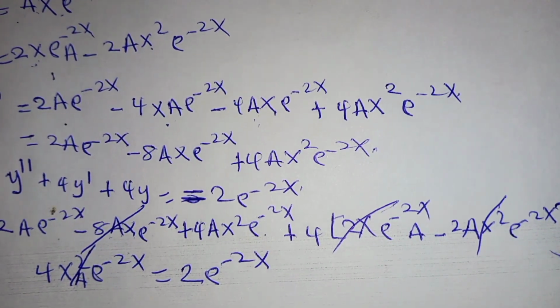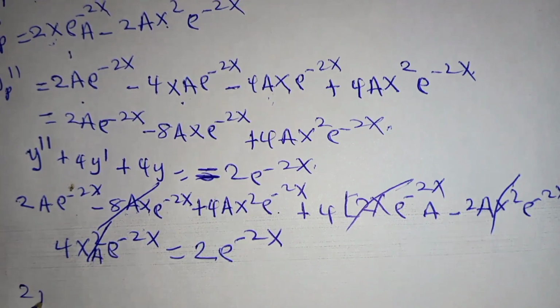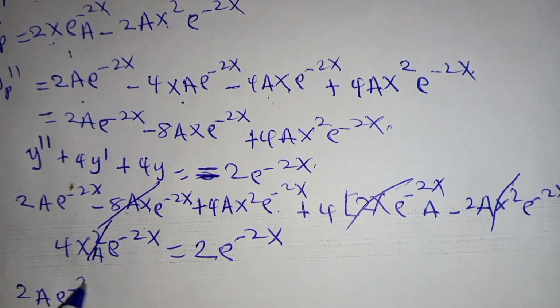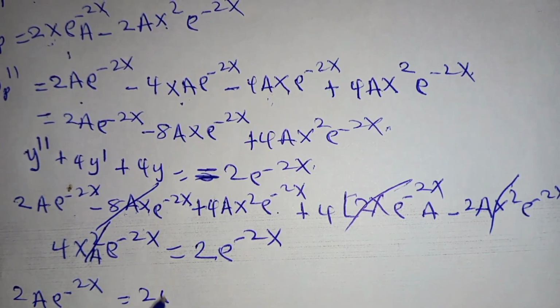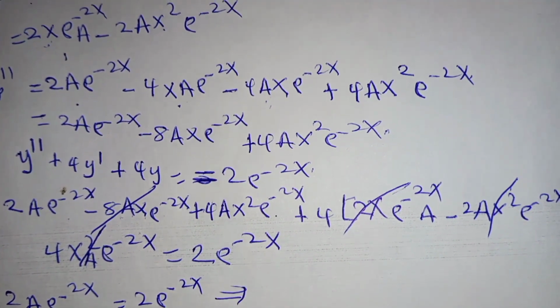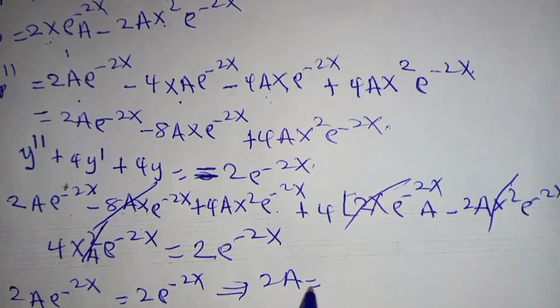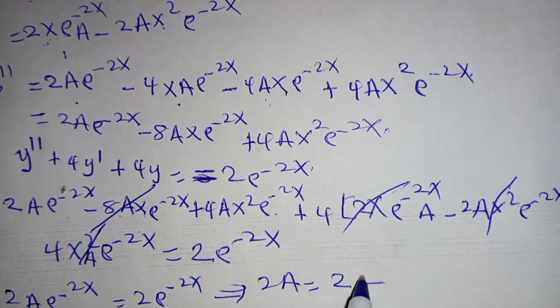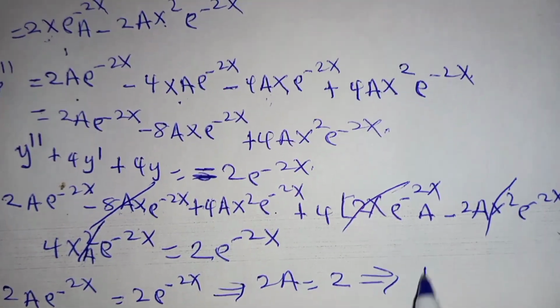So you are going to be left with 2a exponential negative 2x, which is equal to 2 exponential negative 2x, meaning that 2a is equal to 2, which implies that a is equal to 1.